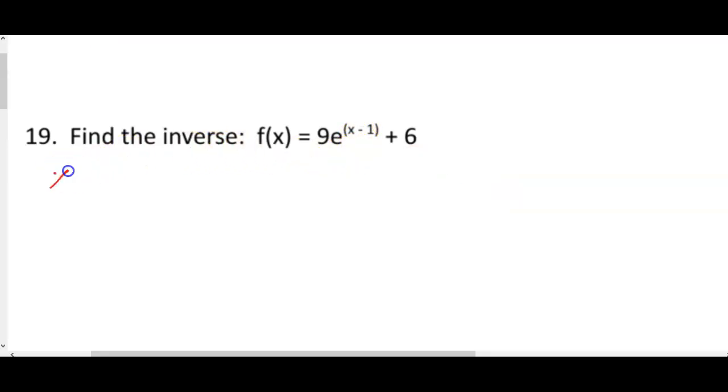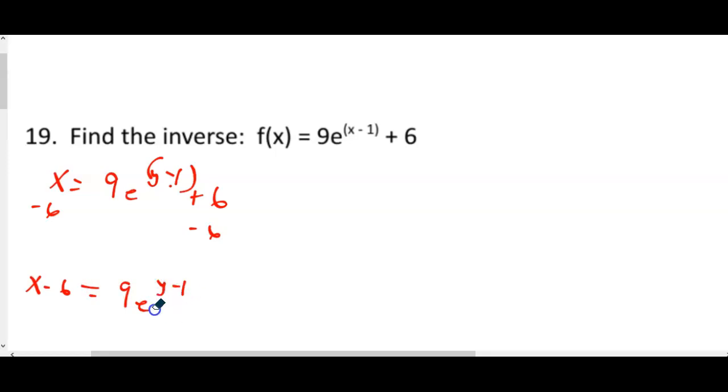All right, so x equals, so we're going to first start by subtracting 6 on both sides. Ooh, sorry y'all, that should be a 9 right there. I mean a y. There we go. So subtract 6. And so we're going to divide by 9 on both sides. So now we need to get rid of the e here.